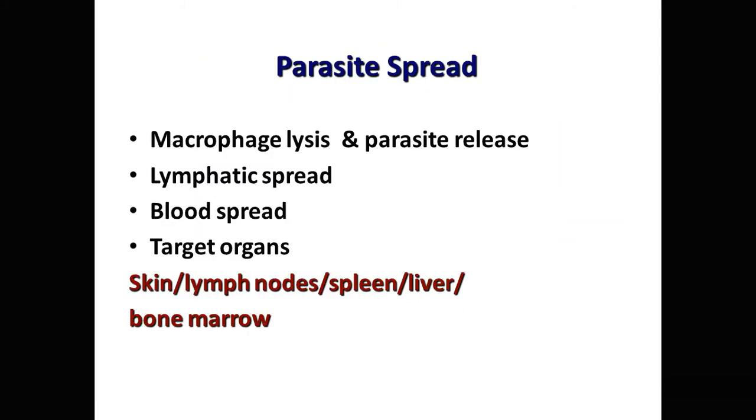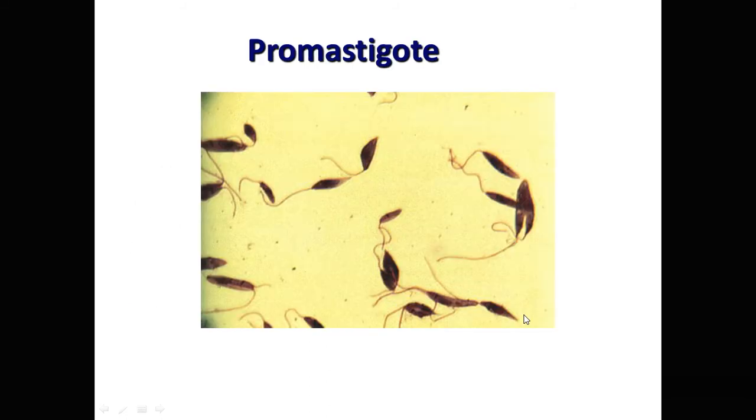So let's look at this infectious cycle. The parasite is transmitted through the bite of the sandfly, and the parasite grows in the macrophages, moves to the lymphatic system, lymph nodes, and gets into the blood, and then moves to target organs like skin, lymph nodes, spleen, liver, bone marrow.